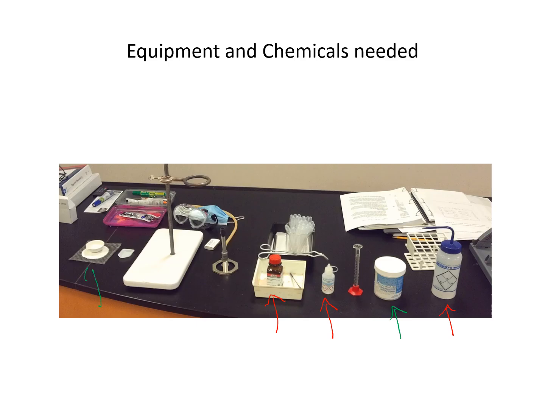You want your evaporating dish with a watch glass. You'll need a weigh boat to weigh out your manganese. You'll need a spatula as well to weigh out your manganese. To measure your 6 molar hydrochloric acid, you're going to need your 10 milliliter graduated cylinder. Here is your disposable pipettes, of which you'll need 1.